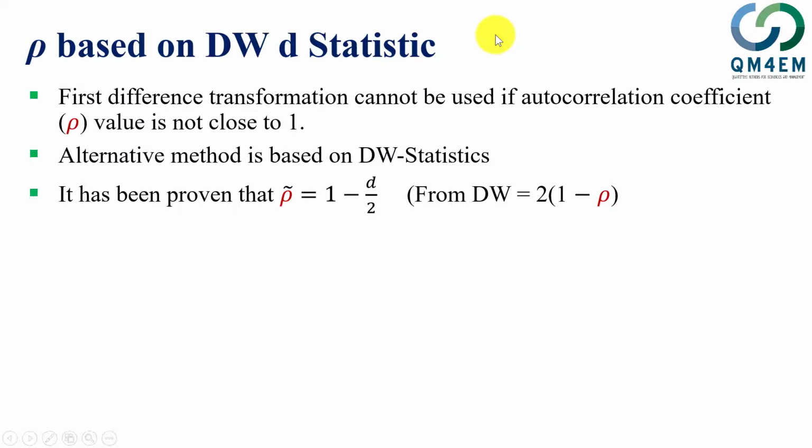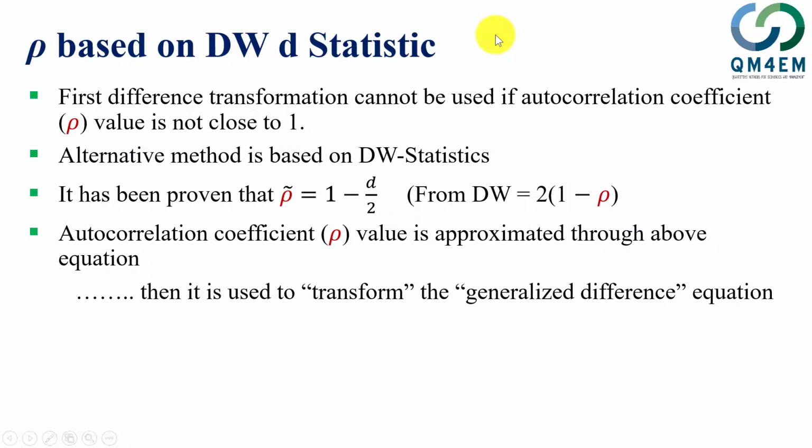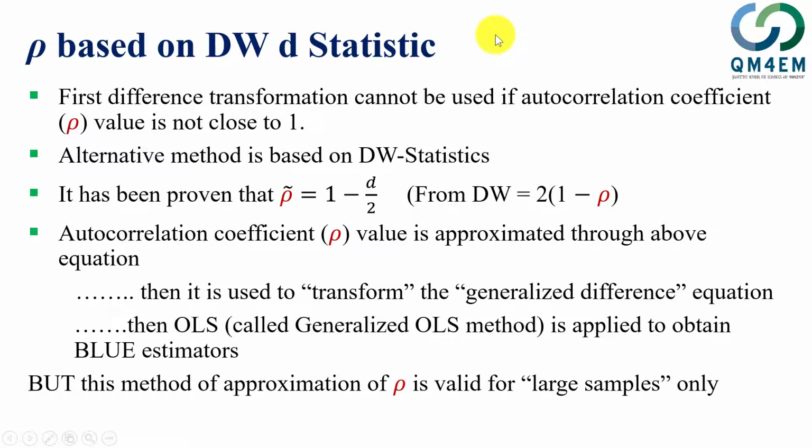So in principle, if we have the value of d, we can calculate the value of rho from there, and once we have rho, we can transform the model to the generalized difference form by plugging in the value of rho, and then apply ordinary least squares to obtain the BLUE estimator. But be informed that this method only holds true if you have a large sample. For small samples, it doesn't work.